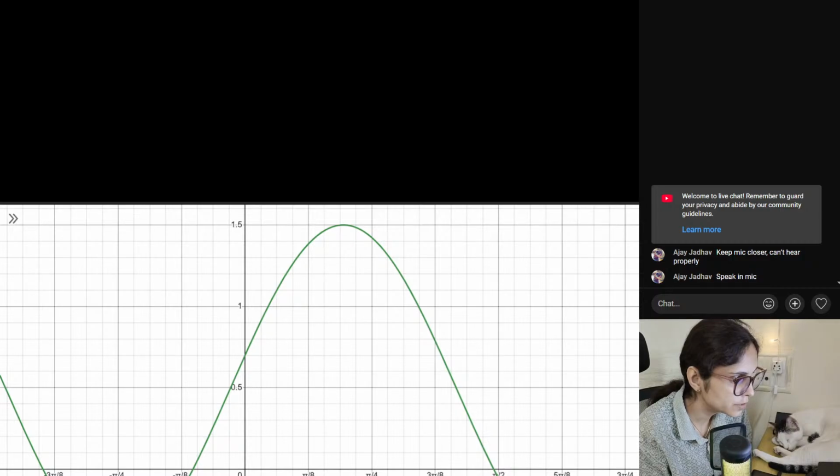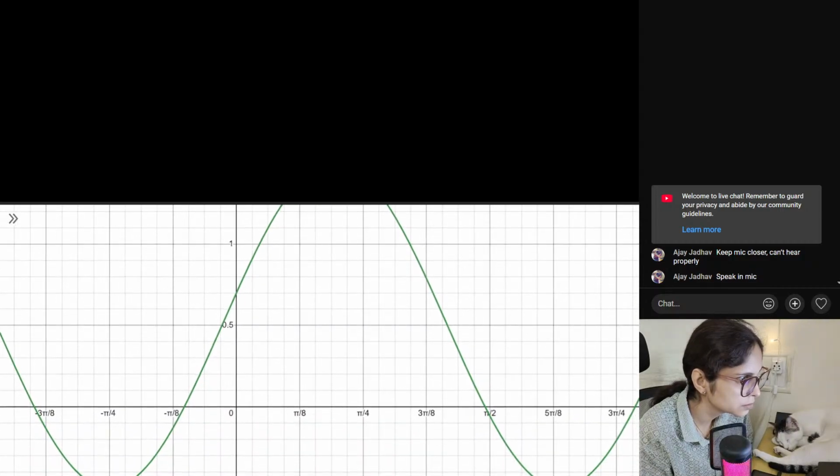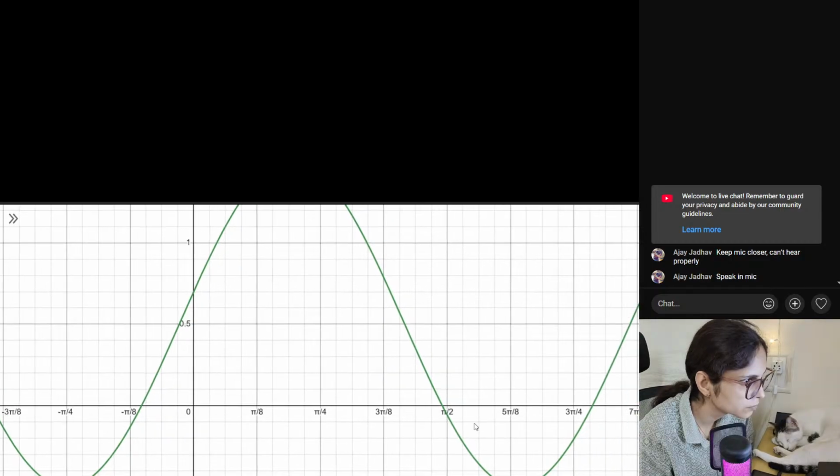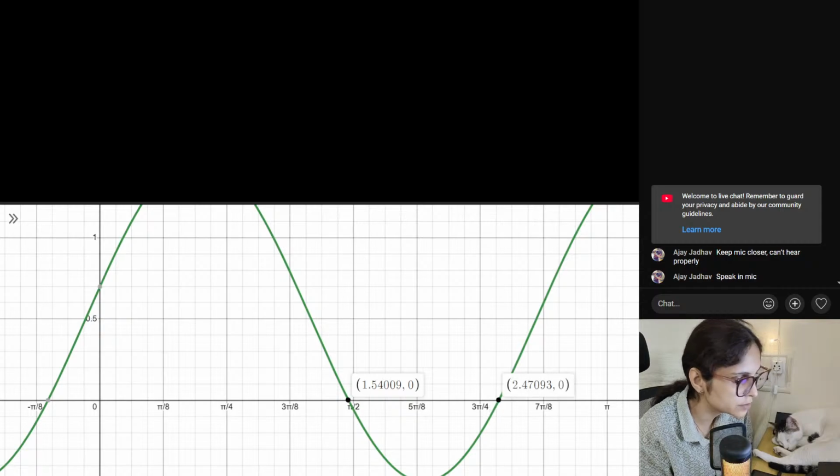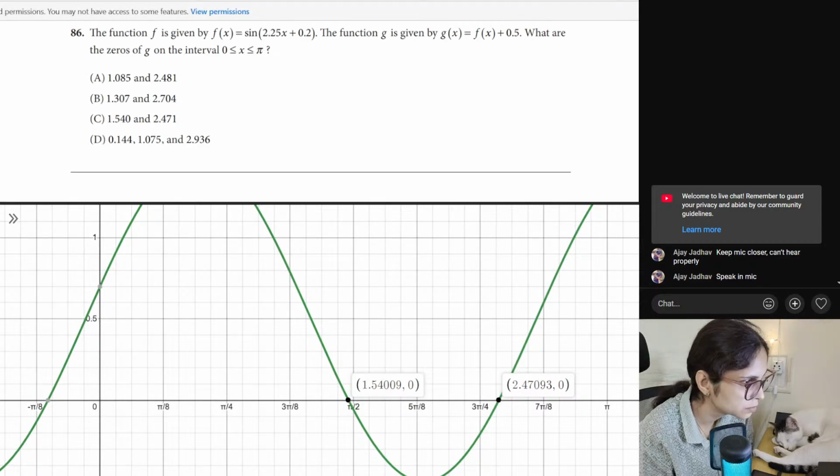Now you can see it exactly from 0 to pi. Yes. And zeros are where it is crossing the x-axis. So these are the only 2 points, 1.54 and 2.47. Those are your answers. Option C.